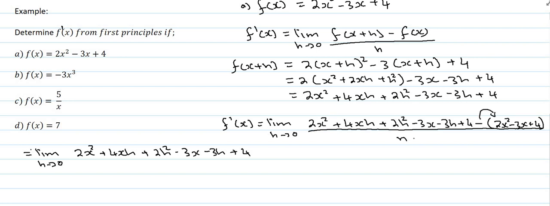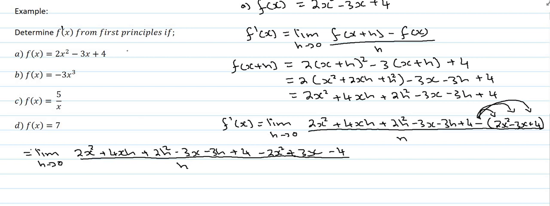Negative multiplied by 2x squared is negative 2x squared. Negative multiplied by negative 3x, negative multiplied by negative is positive 3x. Negative multiplied by positive 4 comes negative 4. All divided by h.